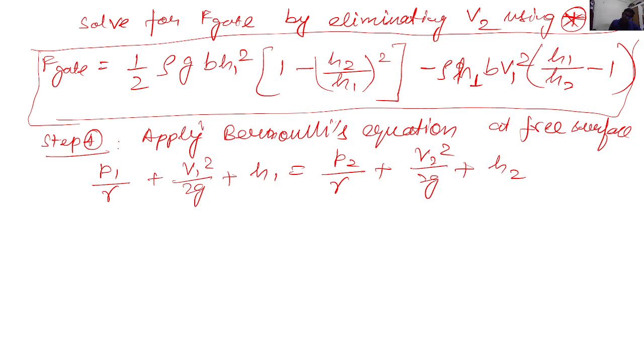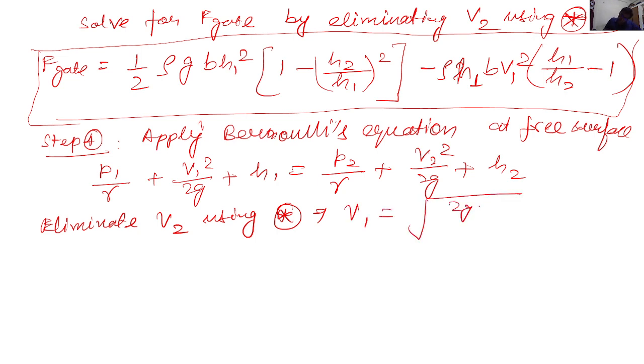So the P1 and P2 terms will be zero because we are taking it at the free surface. So we eliminate V2 using equation star. So we finally get V1 equal to the square root of 2 g H2 by (1 plus H1 by H2).